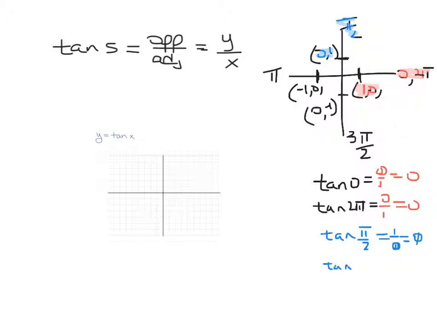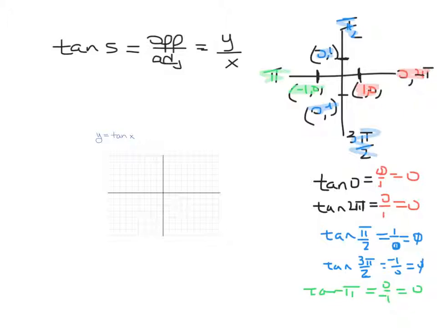If I jump down here and do this bottom one, 3 pi over 2, it's also undefined down here because I would do -1 over 0, which is also undefined. However, at tangent of pi, this one's also going to be 0. So if you did that, that's over here, uses this order pair. So y over x is 1 over -1, which is 0. So just to show you how this all links together.